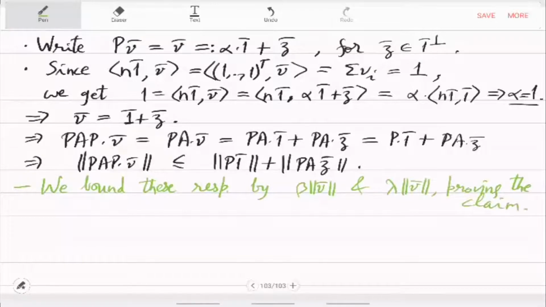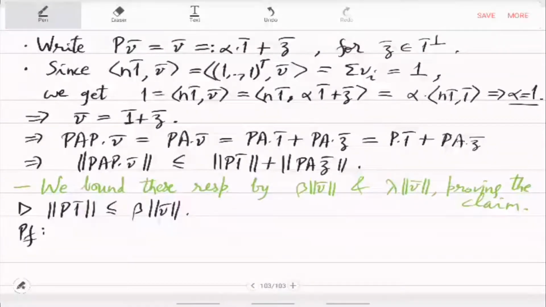So the first is P1 bar is less than or equal to beta V bar. You deduce this as follows: P1 bar, you are only looking at B many places, size of B, and then summing up with weight 1 by n, right?